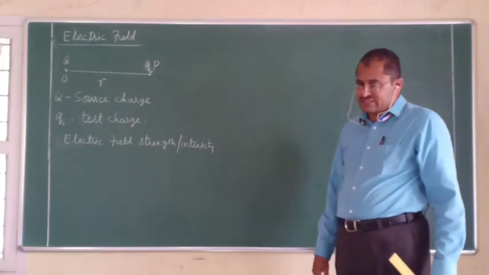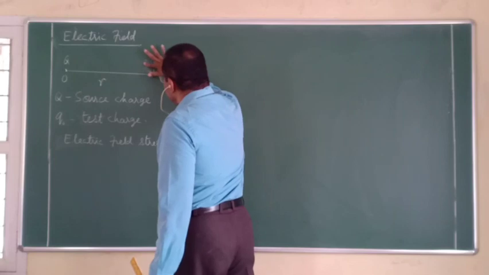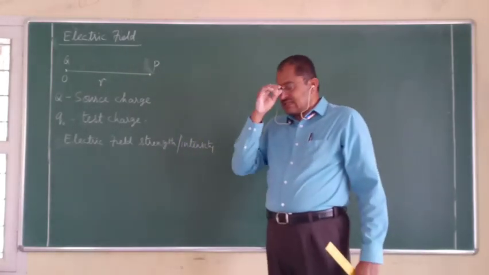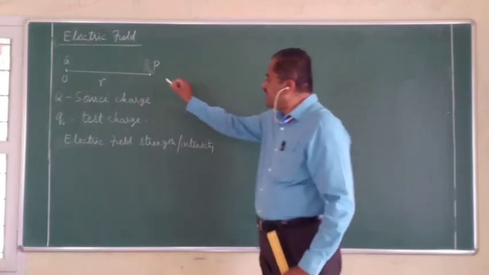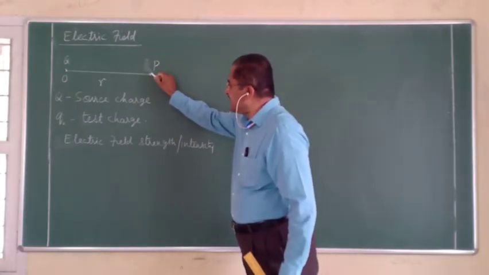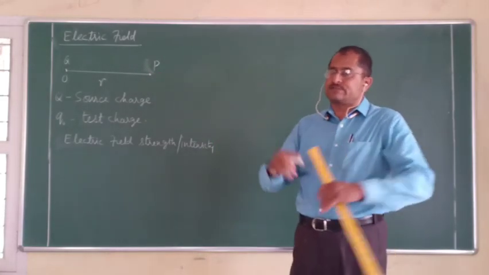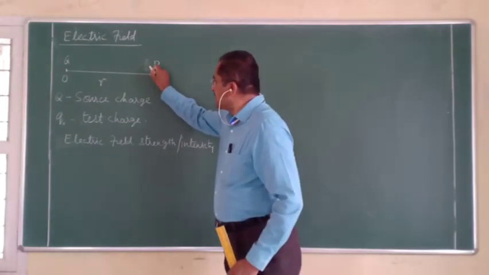I hope you have understood. If not, I will make it clear. Let me rub this off. I have a charge Q and a point P at a distance R. I want to find out the electric field strength at this point P. All that I need to do is to place a unit positive charge.